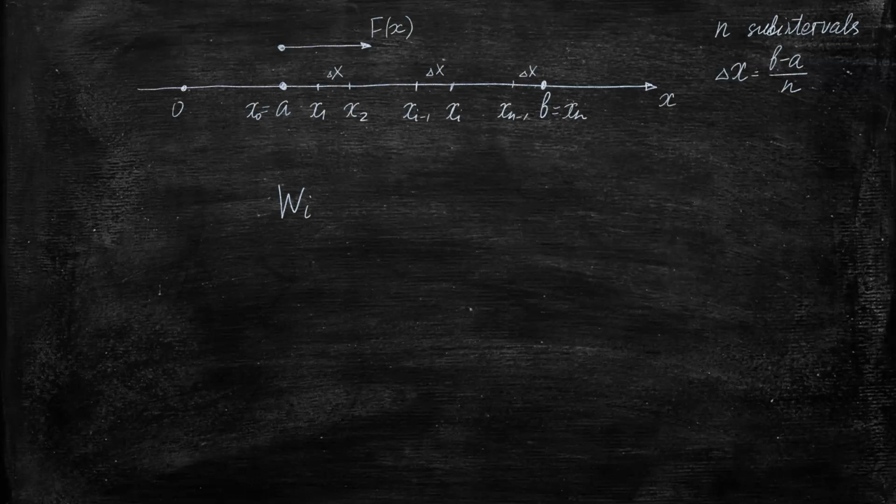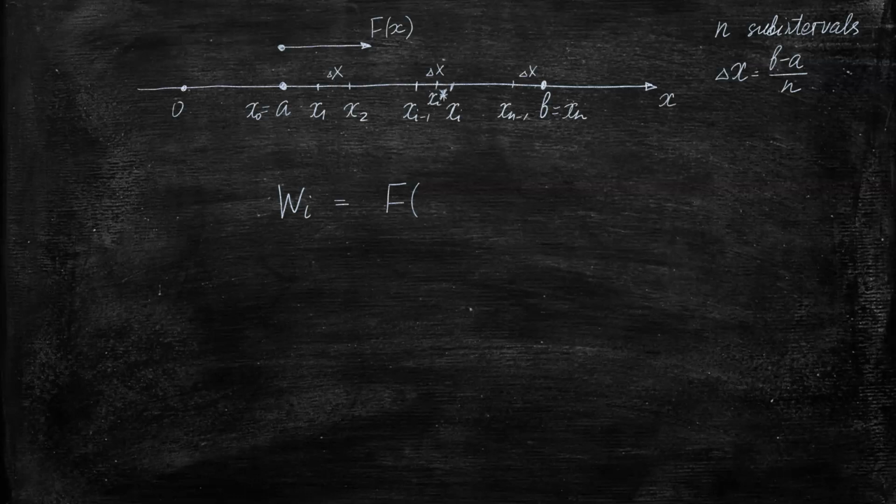And the work done on the ith subinterval, if delta x goes to 0, so that subinterval is very small, on that subinterval it is fair to assume that f of x doesn't change much. So it is fair to assume that on each subinterval f of x is constant, and that means that the work done by a force on the ith subinterval is equal to the force evaluated at some point on that interval.